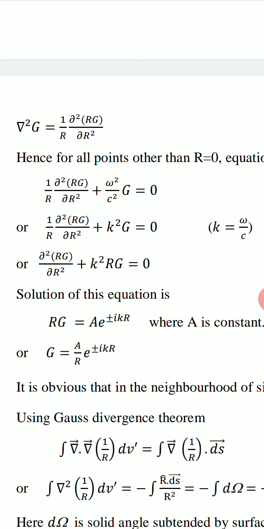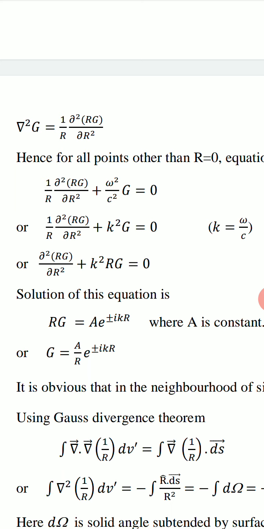So we write omega upon c as k. Then this equation becomes 1 upon r d2 rg upon dr square plus k square g equal to 0. Multiplying by r, we have d2 rg upon dr square plus k square rg equal to 0.